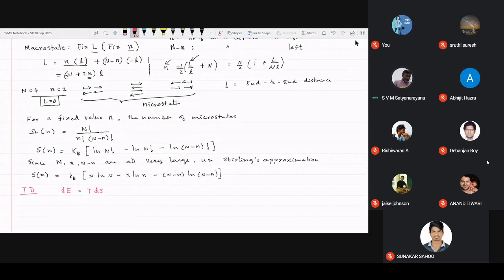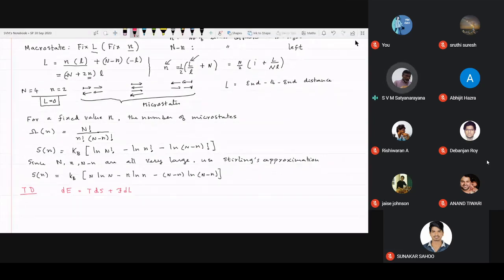And the work done in this particular case is that if you are applying some force, let me call that force F, and then there is a change in length by dL. So this is basically F times dL. This is called some tensile force. So this is the kind of work done that we are looking at in this particular case.